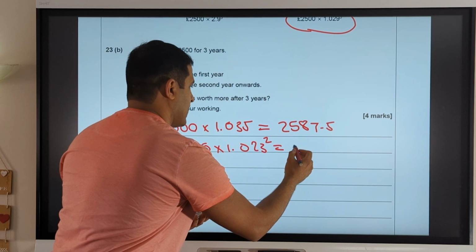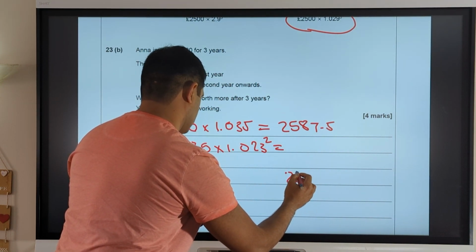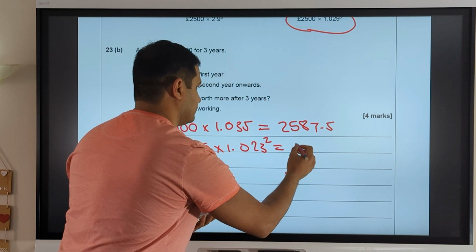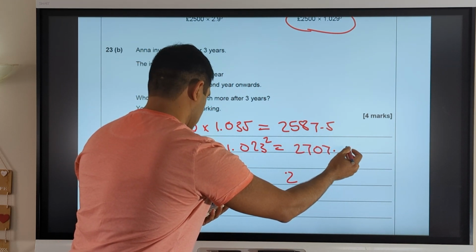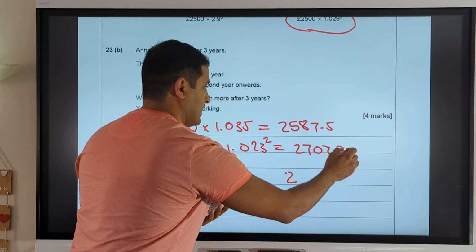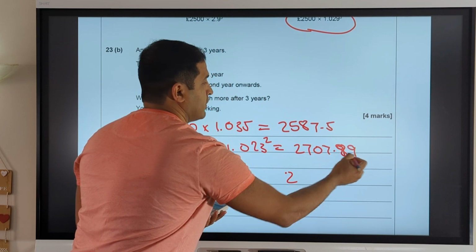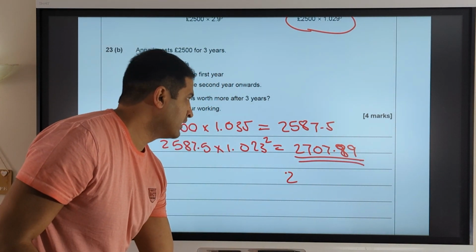So at the end, I would end up with 2,707.9, 89 at 2 decimal places. So that's how much Anna would get at the end of the 3 years.